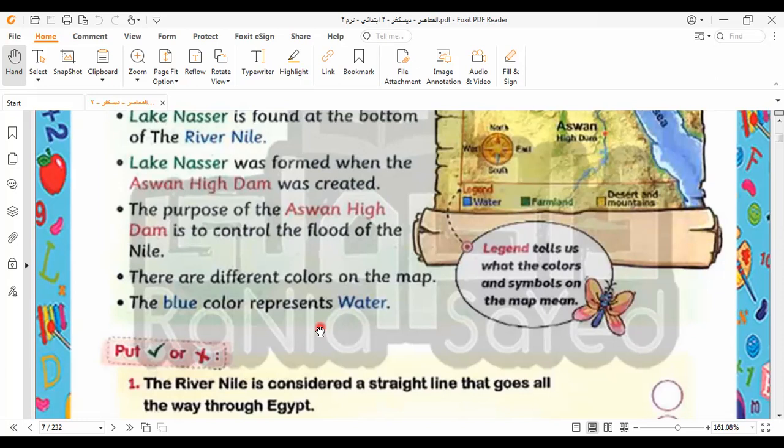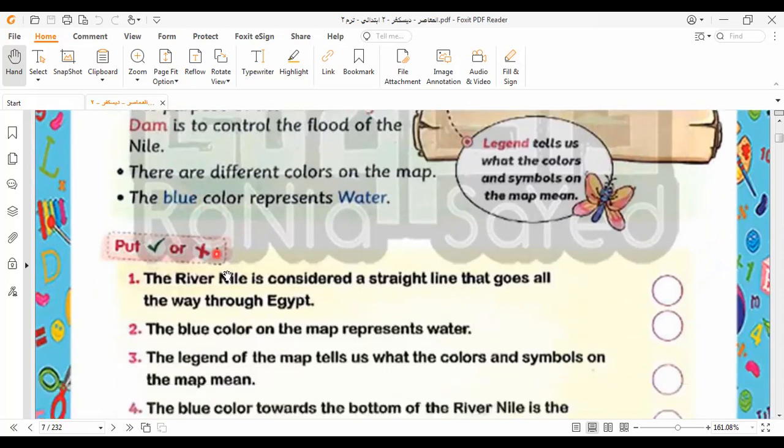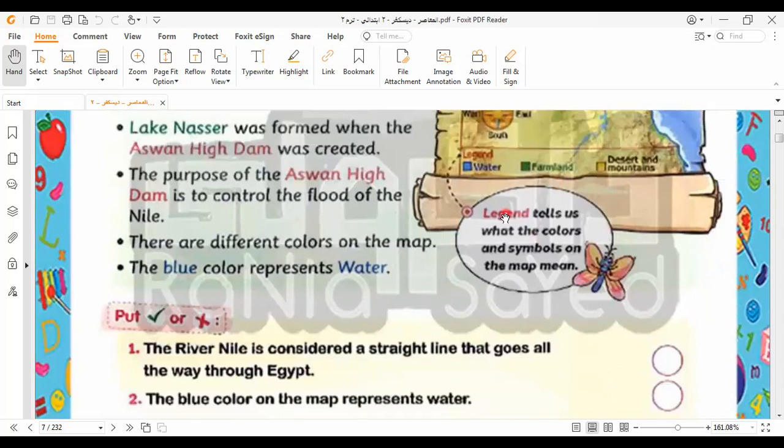Brown refers to mountain. We will know this later after finishing this item. Legend tells us what the colors and symbols on the map mean. This is called the key of the map.